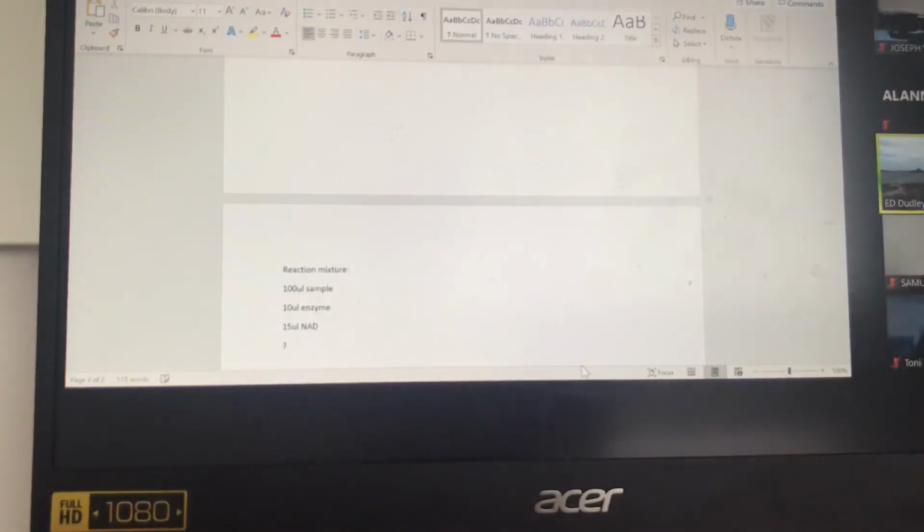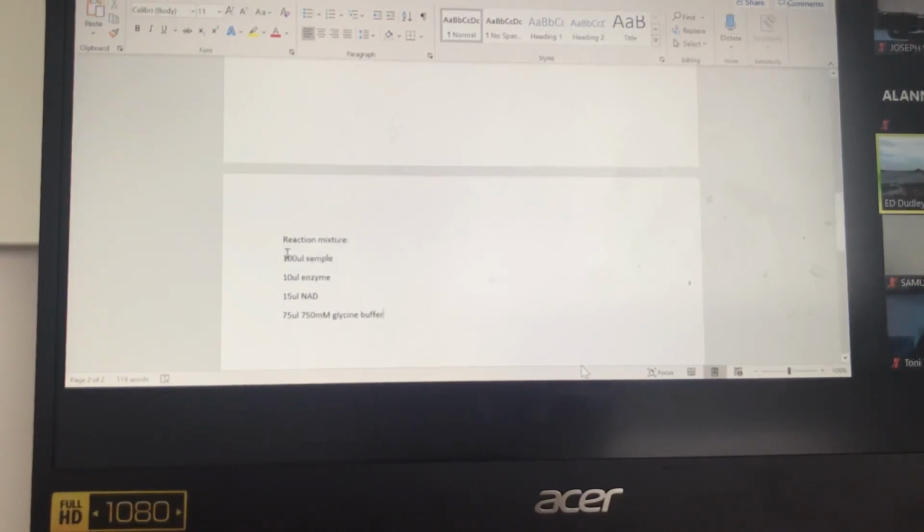So we're going to fill the rest with buffer. So obviously we're going to add 75 microliters to make it up to 200 of our 750 millimolar glycine buffer. This then becomes our reaction mixture.